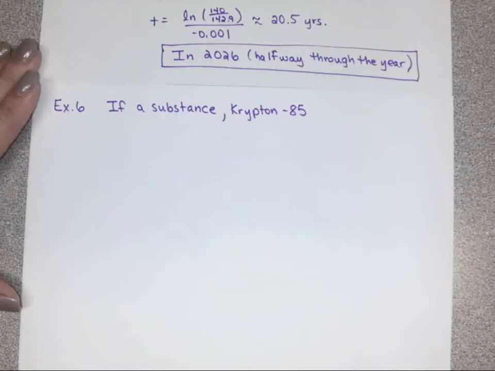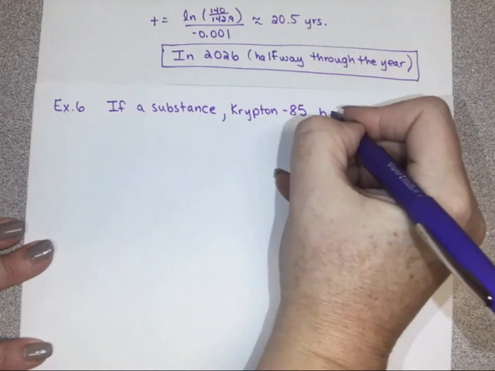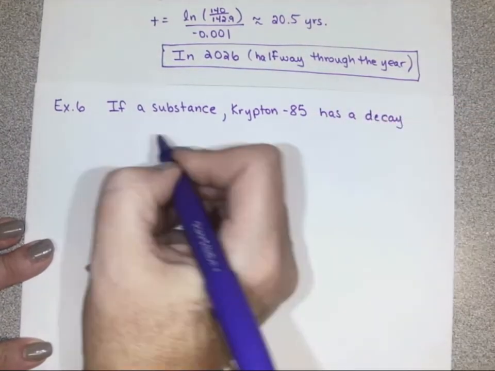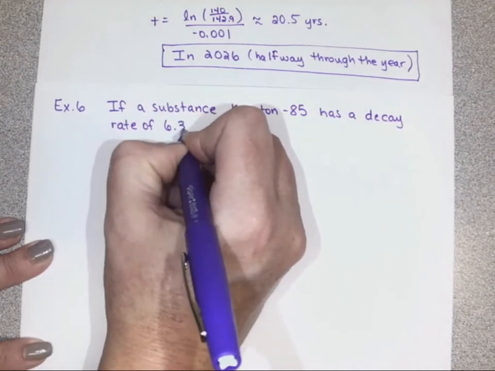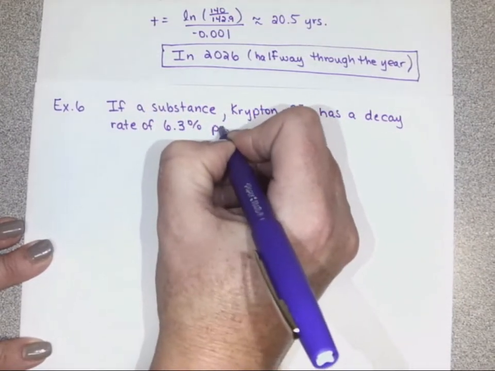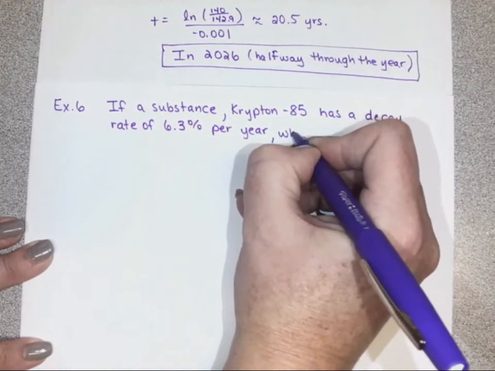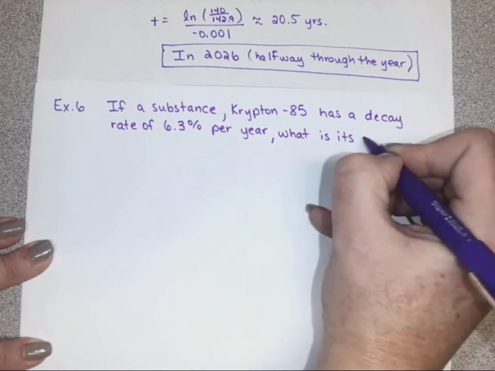All right, so let's say that a substance, Krypton 85, has a decay rate of 6.3% per year. And the question is, what is its half-life?